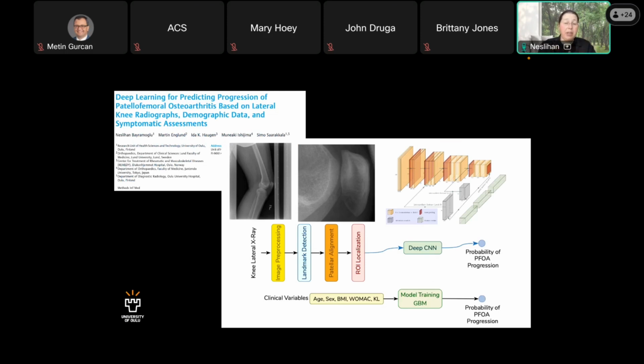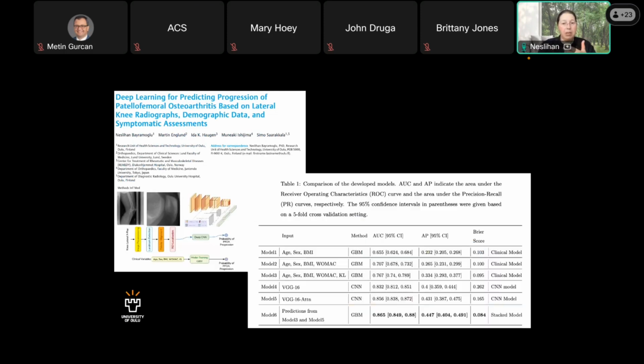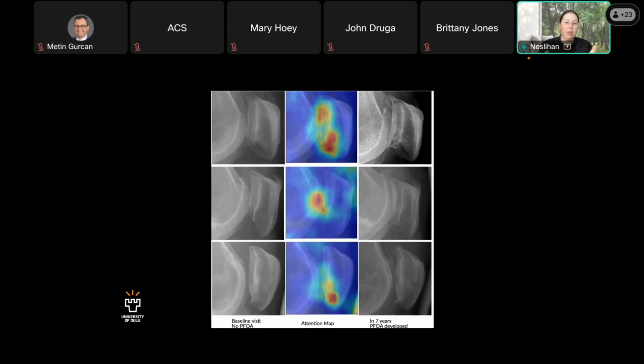When we integrated the clinical model with the imaging model, the increase wasn't very significant, but we had a slight increase in the performance. So this study is the first to predict the progression using imaging data. And we used attention maps, as I said. In various cases, the attention maps highlighted the joint space and the regions where osteophytes typically occur. So these regions are known to be affected in this disease.